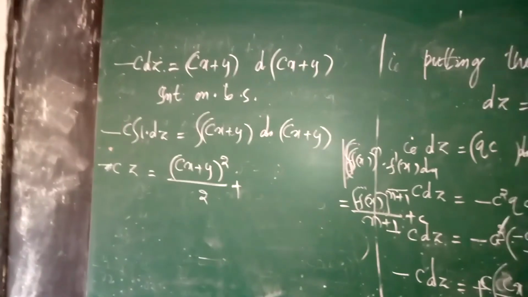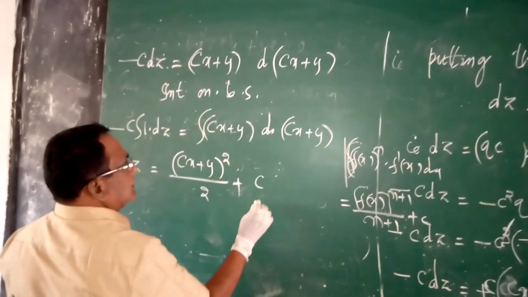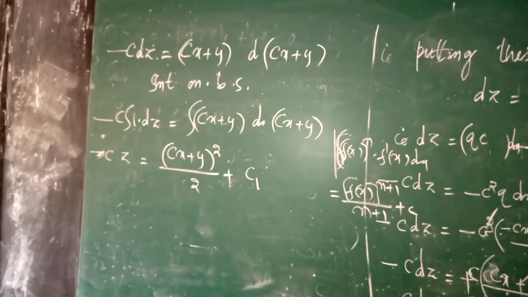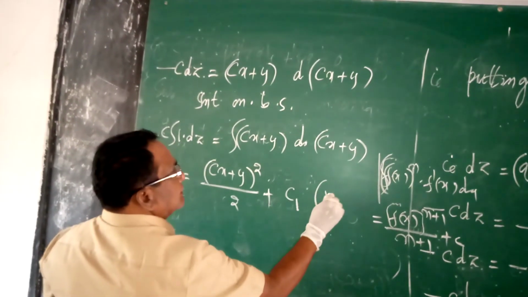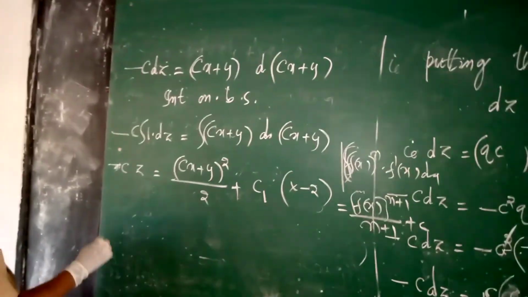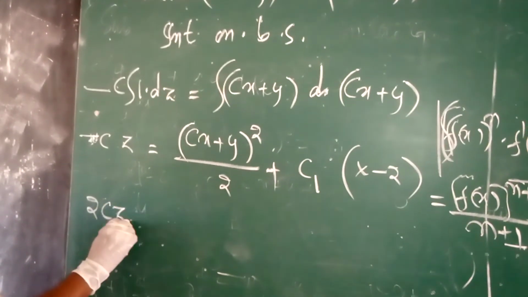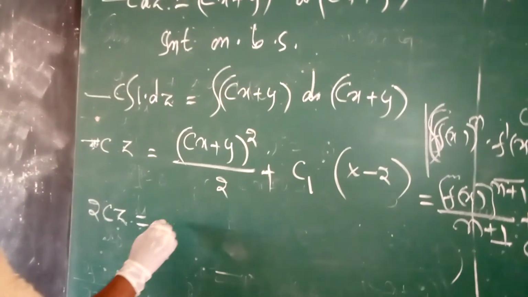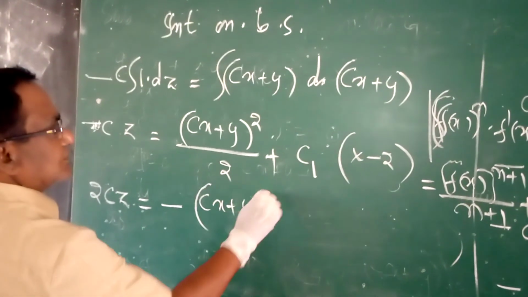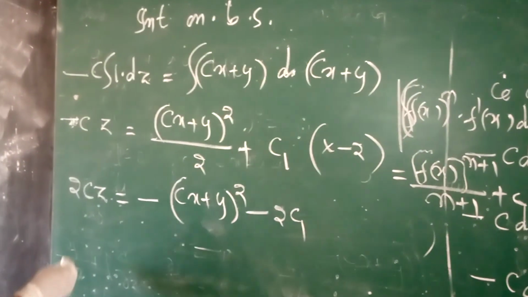Plus you can take the constant as c1 here. If you want, you can multiply this by minus 2. Minus into minus, plus 2Cz is equal to minus of Cx plus Y whole square plus minus 2c1, or transfer these terms to the left hand side.